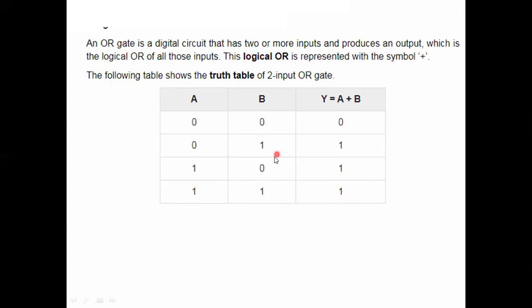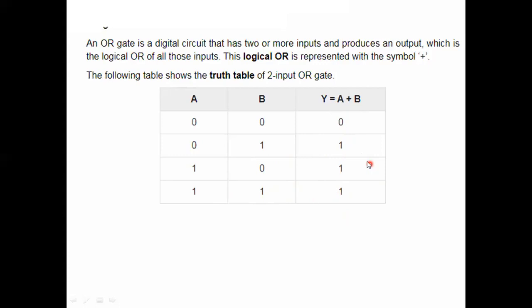If you observe this table, what is the statement you will get? Observe: 0, 0, 0; 0, 1, 1; 1, 0, 1; 1, 1, 1. If you observe these outputs, if any one of the inputs is 1, the output is 1.